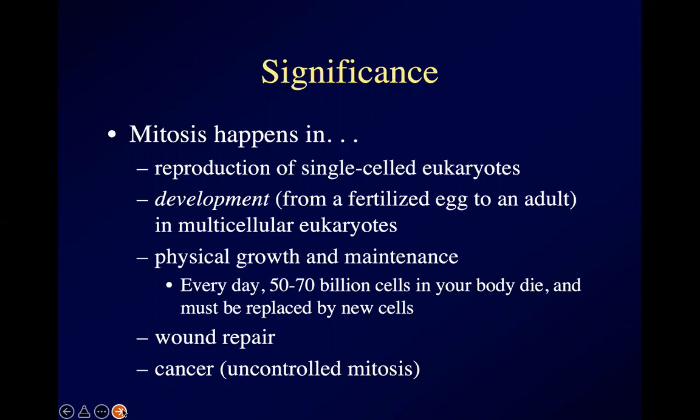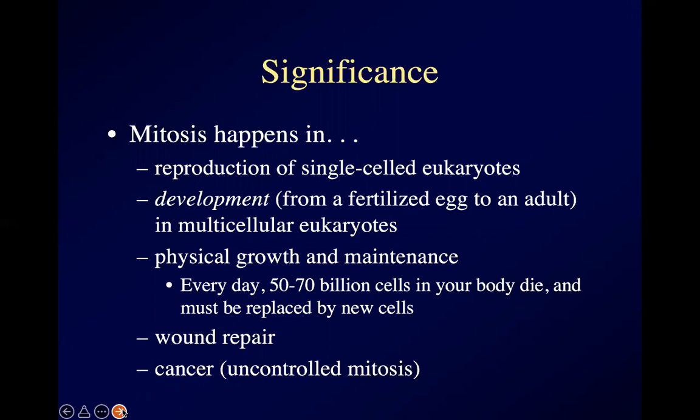It's still going on in your body because every day you lose 50 to 70 billion cells, sloughing off of your skin cells, sloughing off of other cells that break down very quickly, like the cells that make up the cornea of your eye. That's the part you put the contact lens on, or especially the cells that line your intestines.